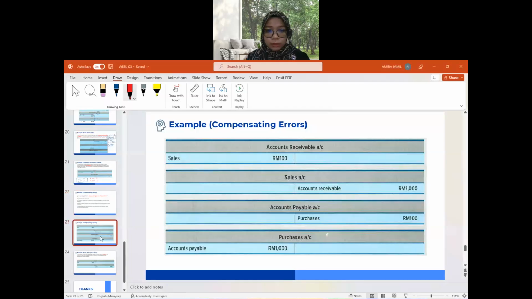Okay, it has been illustrated here. Okay, 100 is being balanced out by this one, 100, and this 1,000 is being balanced by this one, 1,000. So it has been compensated. So the error will not affect the trial balance, but it's still a mistake.